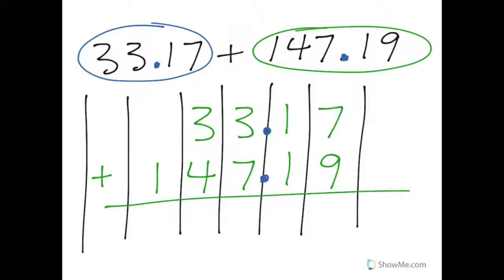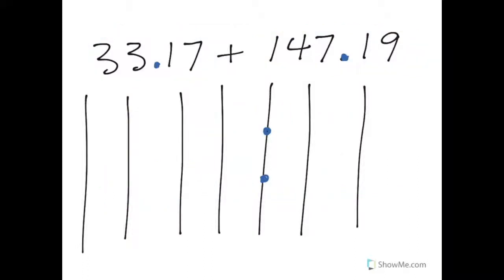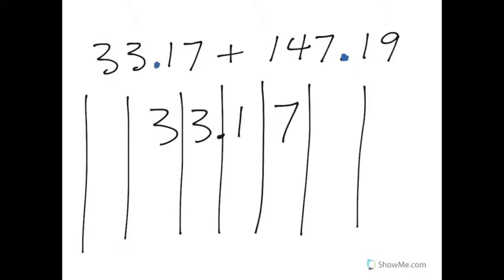A common mistake that a lot of students will make is the following. Instead of using the line it up strategy, and instead of putting the decimal points down first, some students might be tempted to do the following. Rewrite 33 and 1700ths, and then write 147 and 1900ths.